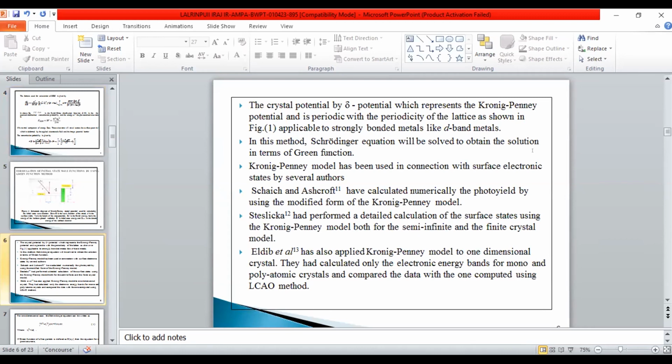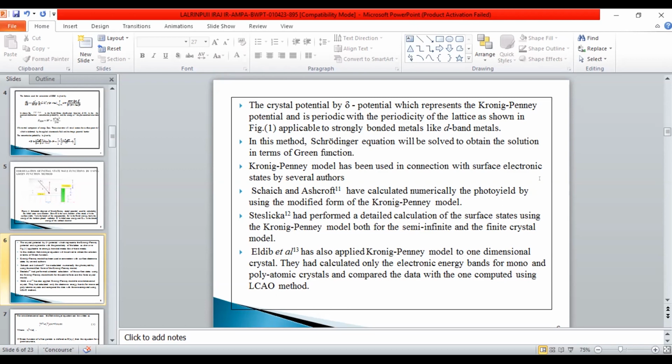The Kronig-Penney model has been used in connection with surface electronic states by several authors. Scutts and Ashcroft have calculated numerically the photo yield by using a modified form of the Kronig-Penney model. Steliska had performed a detailed calculation of the surface states using the Kronig-Penney model, for both the semi-infinite and finite crystal models.